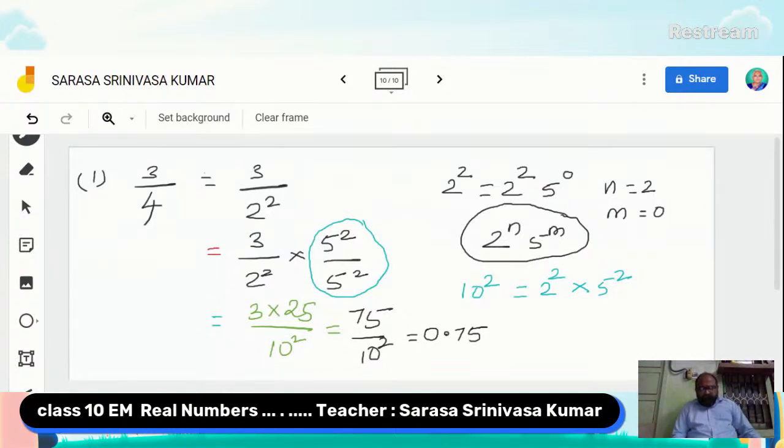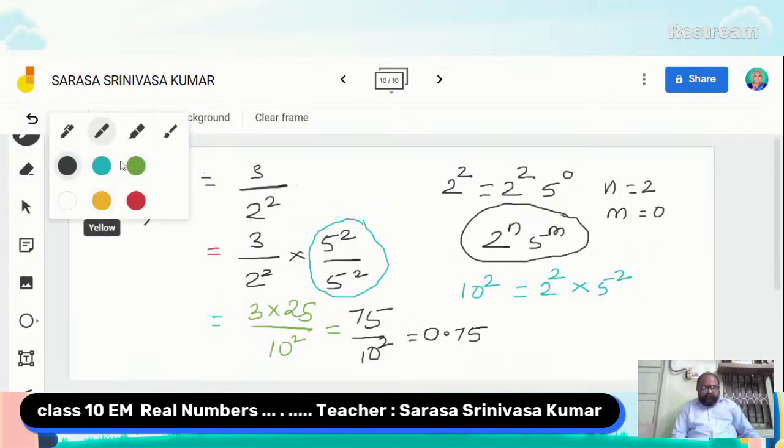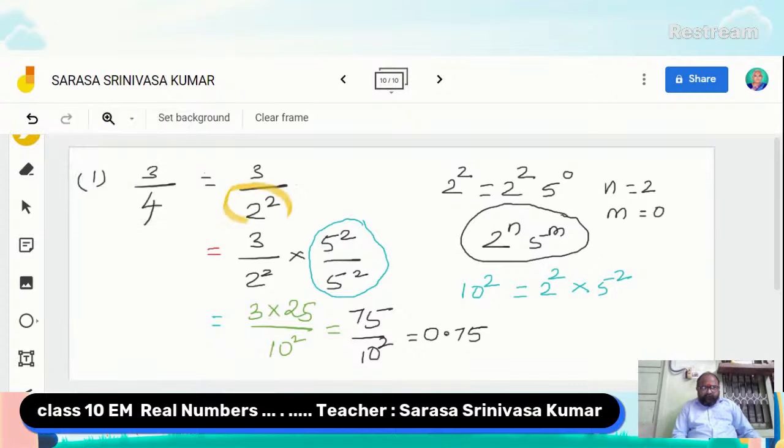We should consider the denominator, and we must say that the denominator is 2 square. When the denominator is 2 square, we can say that this is of the form 2 square multiplied by 5 power 0.